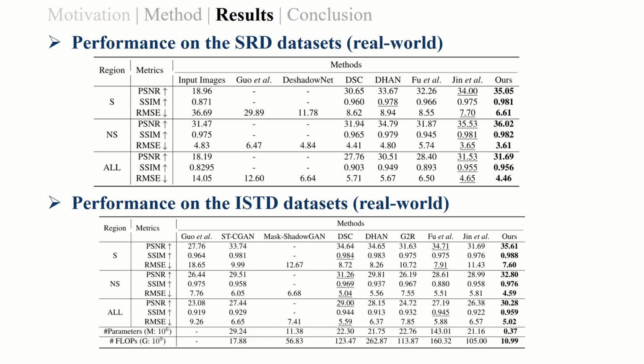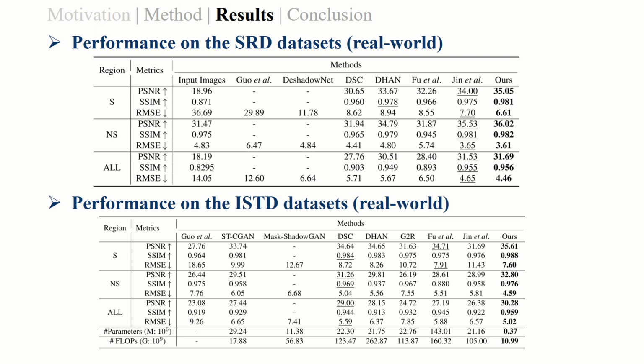Here, we show the experiment results. This is the shadow removal quantitative evaluation on the two real-world datasets. Obviously, we surpass the state-of-the-art methods on the PSNR metric. We also achieve the best performance in terms of the RMSE metric.